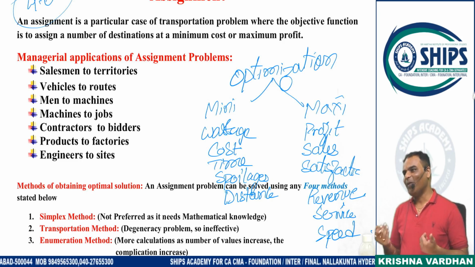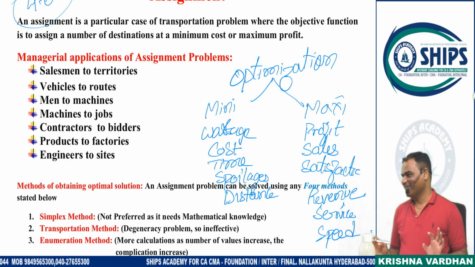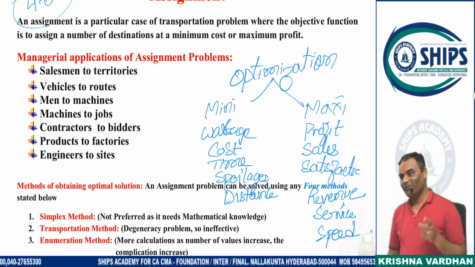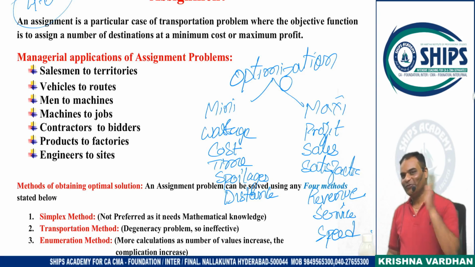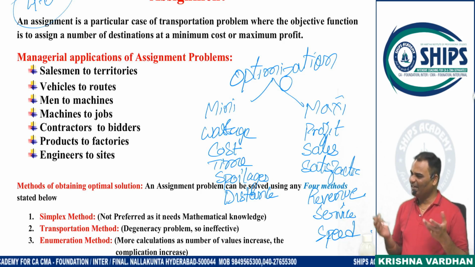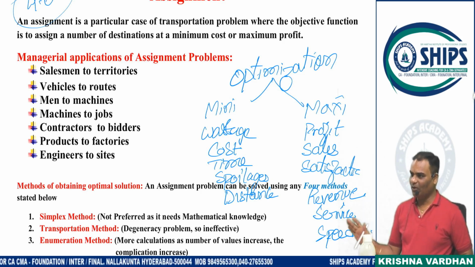He'll just say optimize, that's it. He'll not say whether to minimize or maximize. So first step is, you should know the terms, what should you minimize and what should you maximize. Understood, no? So this list by default by now you should have known and you already know it.